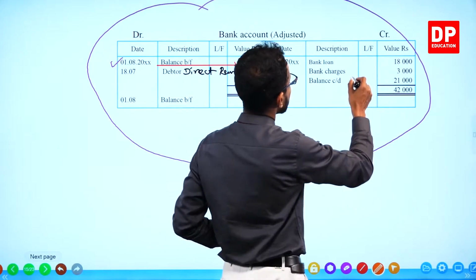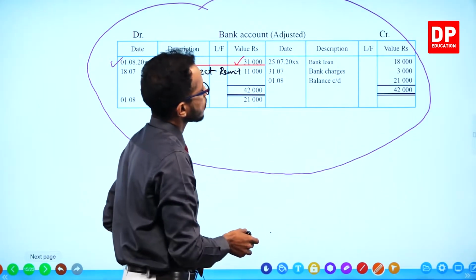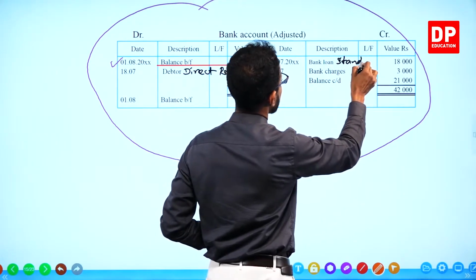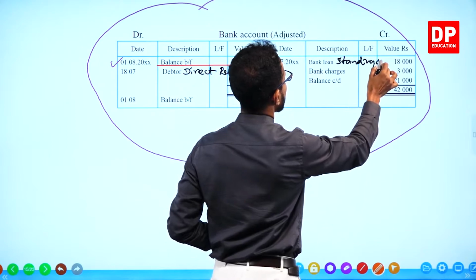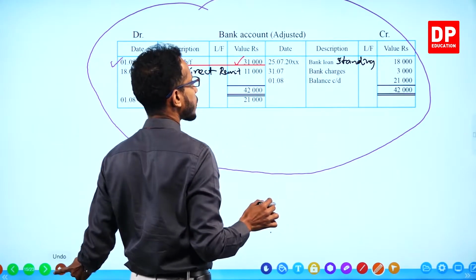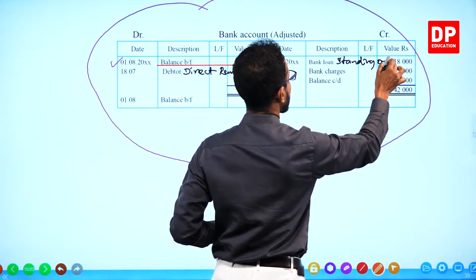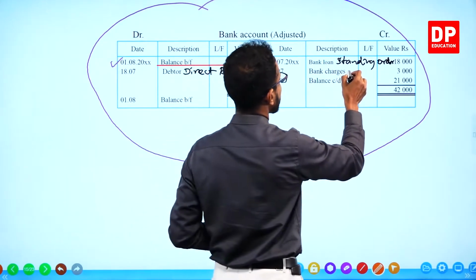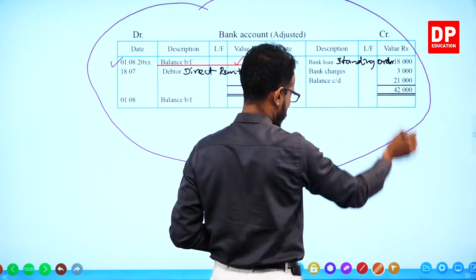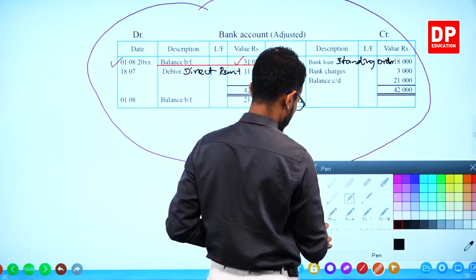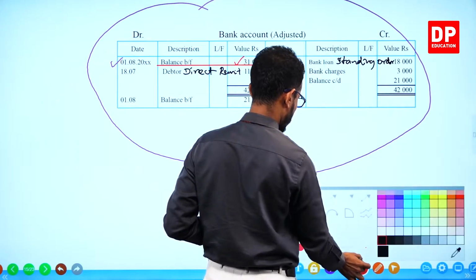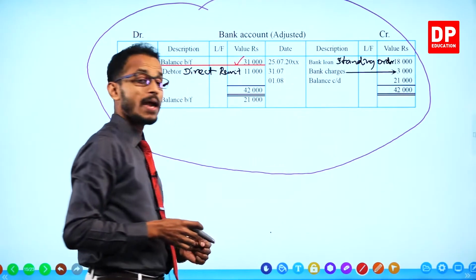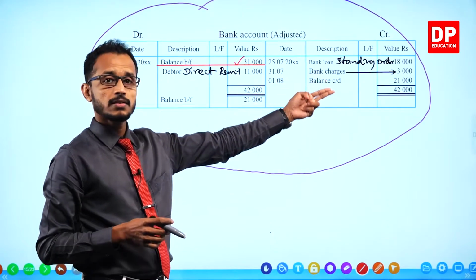And bank charges, let's take the number one, the one on top, standing orders and bank charges. They are credited.